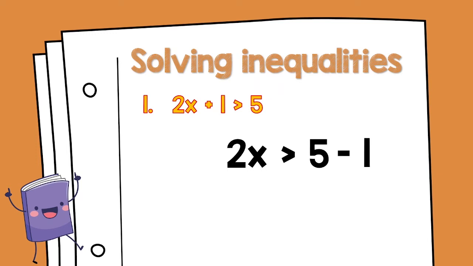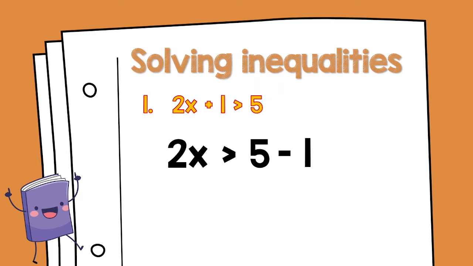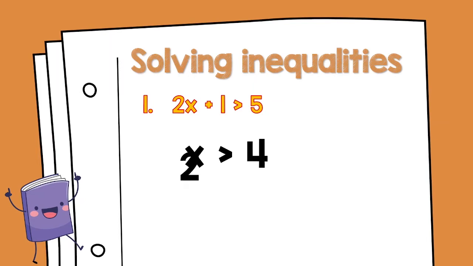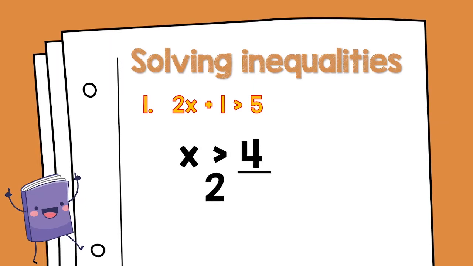Now how do you know which sign becomes what sign? For that you need to check my algebra video. I'll link a card and also in the top of the description box. Now 5 minus 1 is equal to 4. Now we're going to send 2 a big kick, so that 2 becomes division, from multiplication it becomes division.